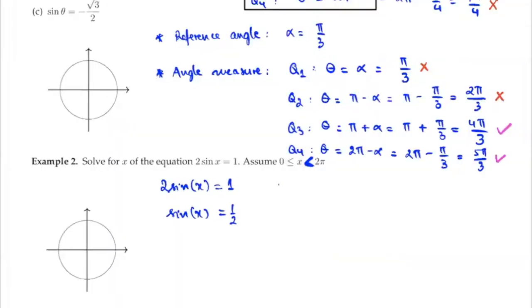So here you write the reference angle alpha equal to pi over 6. Now for the angle measure, let me move this out of the way.